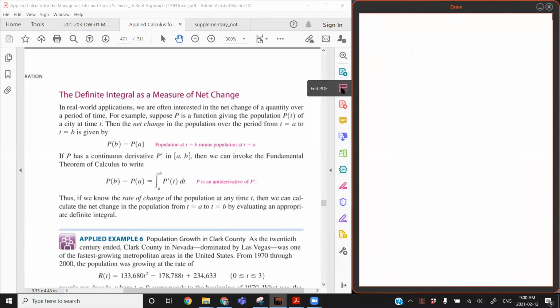Before I talk about net change, I want to talk about net area. So far, we've been talking about only positive functions.